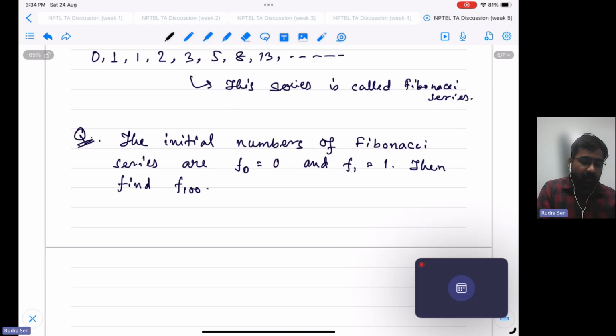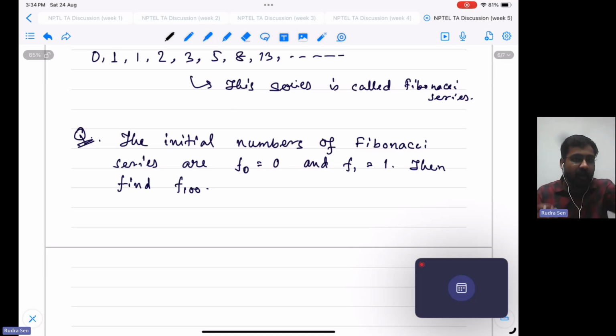So you are told that you are given a Fibonacci series. The first two terms are 0 and 1, given in the question. And now the question asked is you have to find f100, the 100th element.